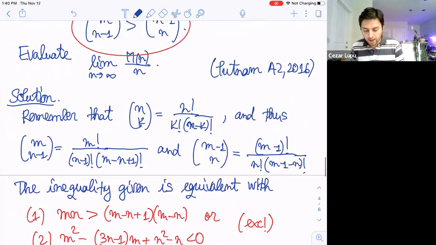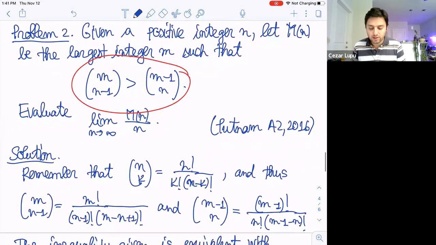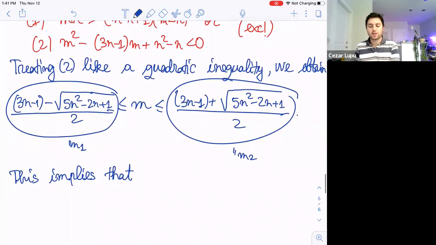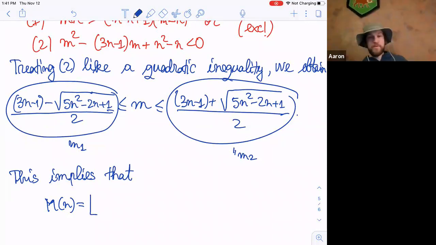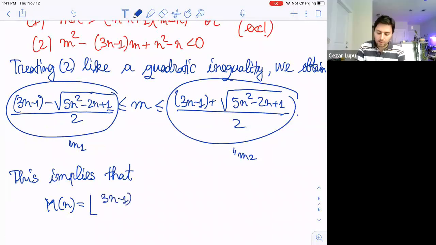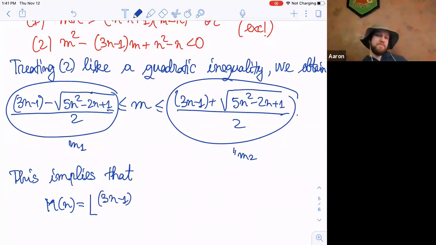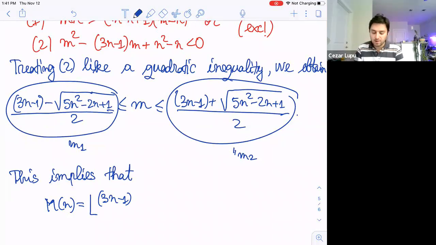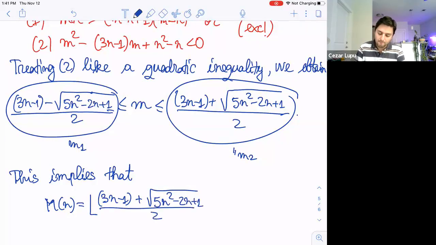Now let's see who m of n is. m of n is the largest integer m such that this inequality holds true. So at this point, m of n will be nothing else than the largest integer of (3n minus 1 plus the square root of 5n squared minus 2n plus 1) over 2.